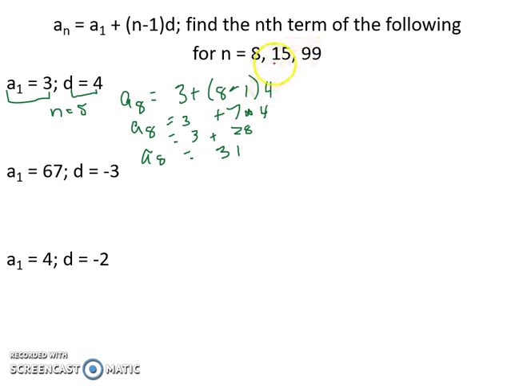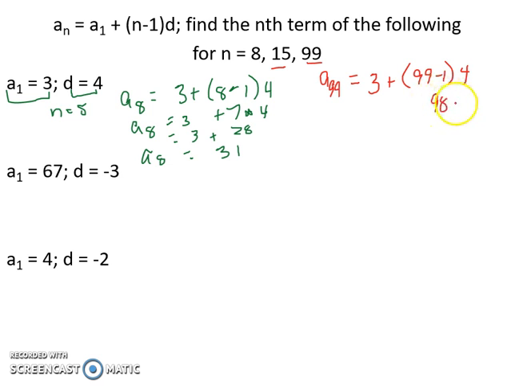We can also find the 15th term or the 99th term. I'm going to skip ahead and just do the 99th term. Instead of plugging in each one like we did for the first few, if we want to go up to 99, we say, okay, the first term is 3 plus 99 minus 1 times 4.